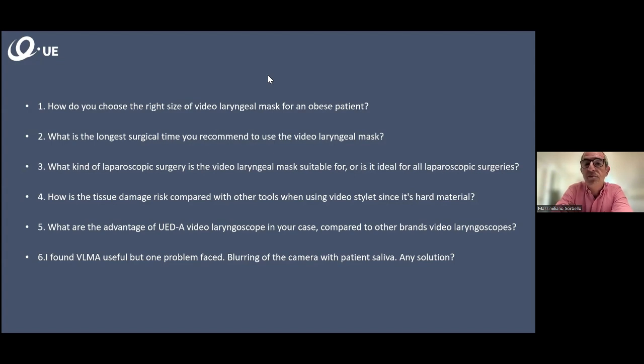So my advice would be choose based on ideal body weight and move to a larger size only if the patient is taller. But above all, do not hesitate to change the size if you're not happy with the results with the ventilation and tests.